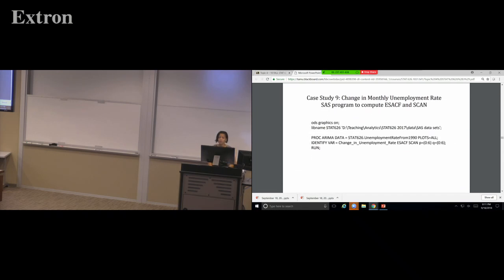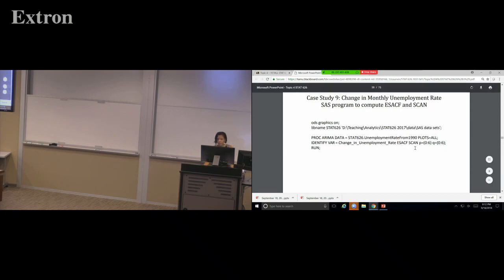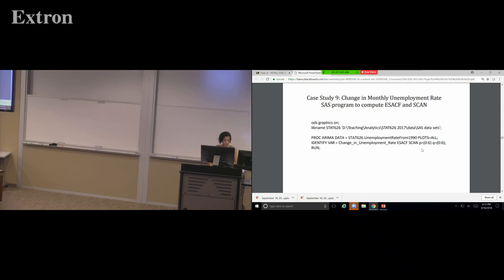We're going to use Tsay's techniques of extended sample autocorrelation function and scan to give us a place to begin investigating. In SAS, you can run both of them. They're both options in the identify statement of PROC ARIMA. And here, as I said previously, the default is 0 to 5 for the P and the Q. Here we're going to investigate 0 to 6.